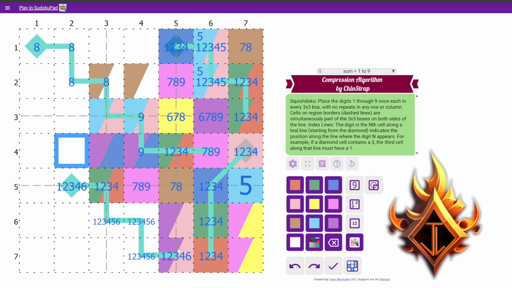Dark purple could still be 6. If this was 6, it would be indexing itself, and it would be dark purple. Dark purple would be there. Yeah, could be there. Oh no, couldn't.